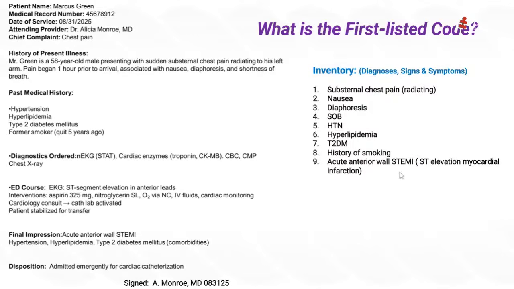And when we say STEMI, that is ST elevation myocardial infarction. So anytime you see STEMI, you know it's an acute myocardial infarction. They're just talking about the segments on the EKG, the segment titled ST. That means that ST segment is elevated, and often that denotes an infarction.